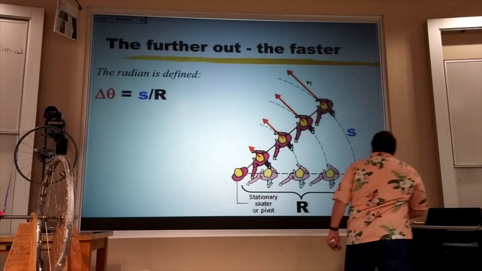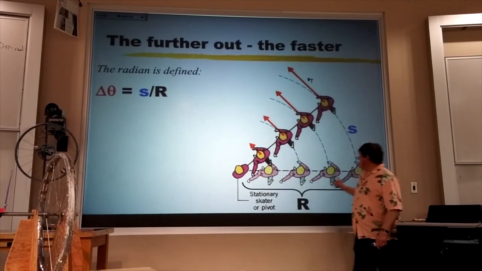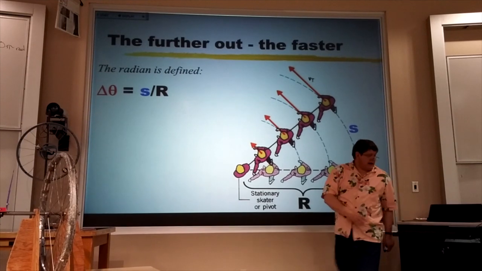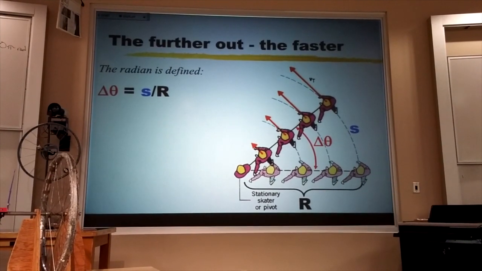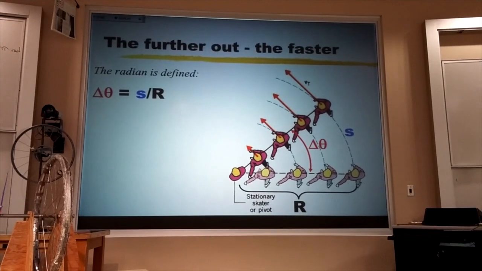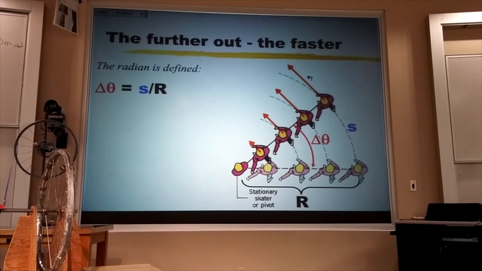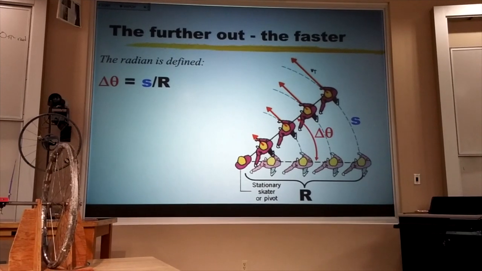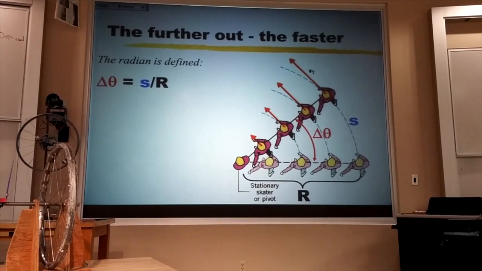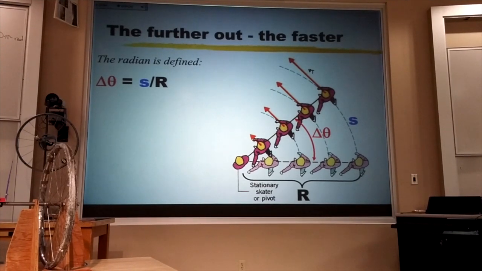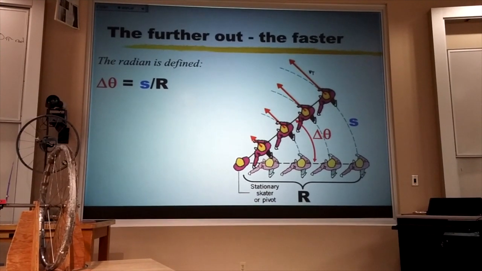The R is the distance that Sven is from the pivot, and the delta theta is the angle between the line and where they started. Now here's the thing. The S is different for each Sven. The R is different for each Sven. But the theta is the same for each Sven.